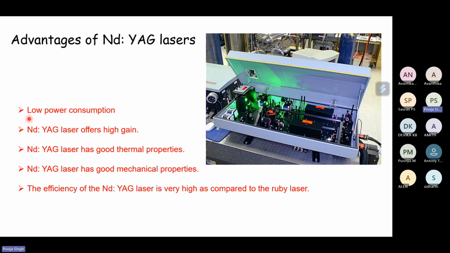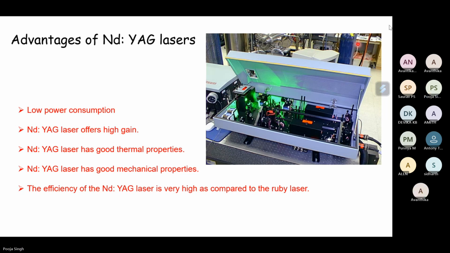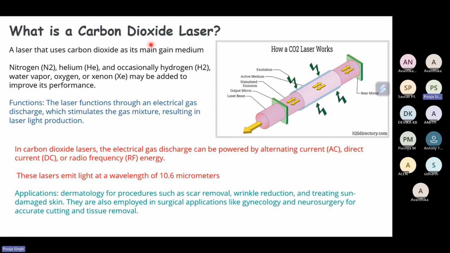The advantages are low power consumption, the laser offers high gain, good thermal property as well as mechanical property, and also the efficiency of this laser is very high as compared to the ruby laser. Okay, so these are the advantages. All these questions can be asked in your examination once your professor takes the classes and the examination occurs. Okay, so this slide itself is very important.